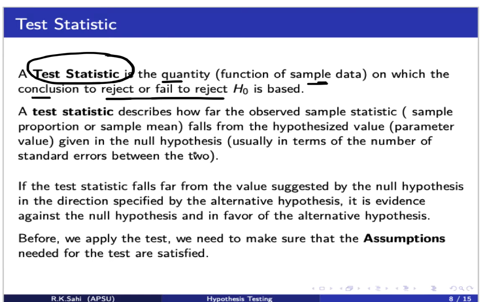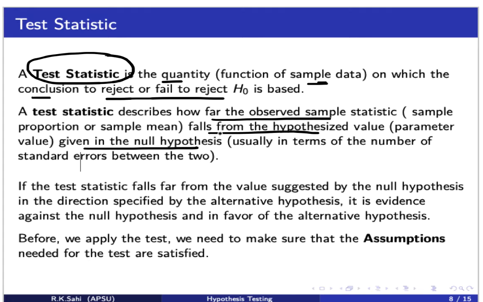What does it actually do? A test statistic describes how far the observed sample statistic falls from the hypothesized value given the null hypothesis. So basically, I have a null hypothesis which has a hypothesized value, and when we take the sample, we would like to know how far that observed sample statistic is away from that hypothesized value, given that the null hypothesis is true.